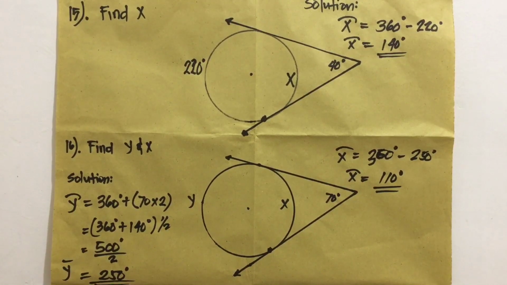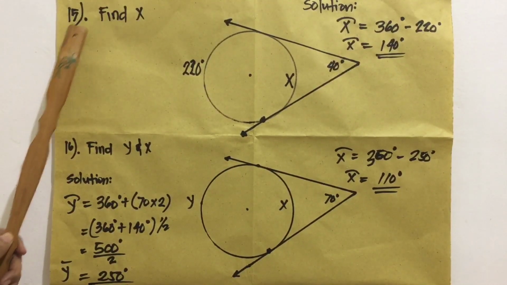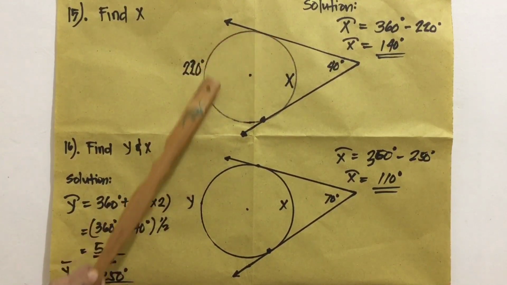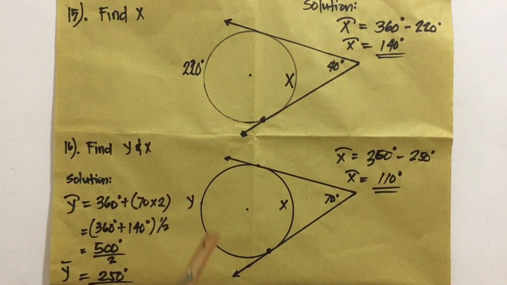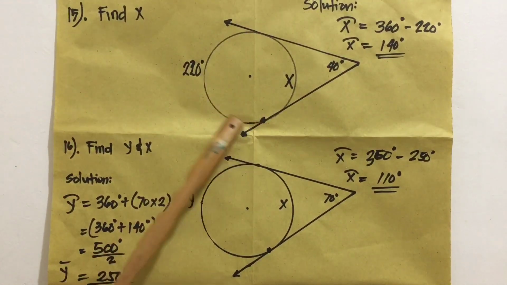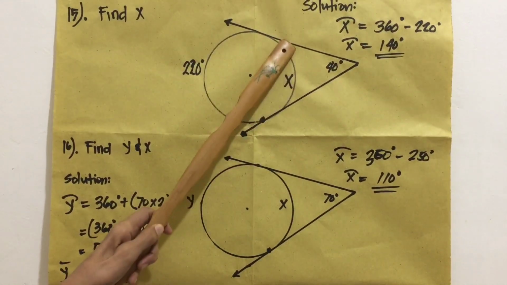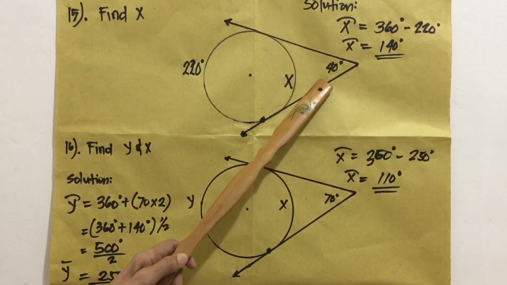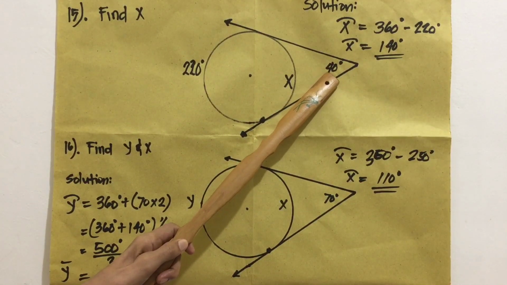Okay, next number 15. Find x of this given figure, the circle, and we have the given 220, the large arc here, and the small arc is the x, which is what we're going to find. And we have also the angle 40 degrees.